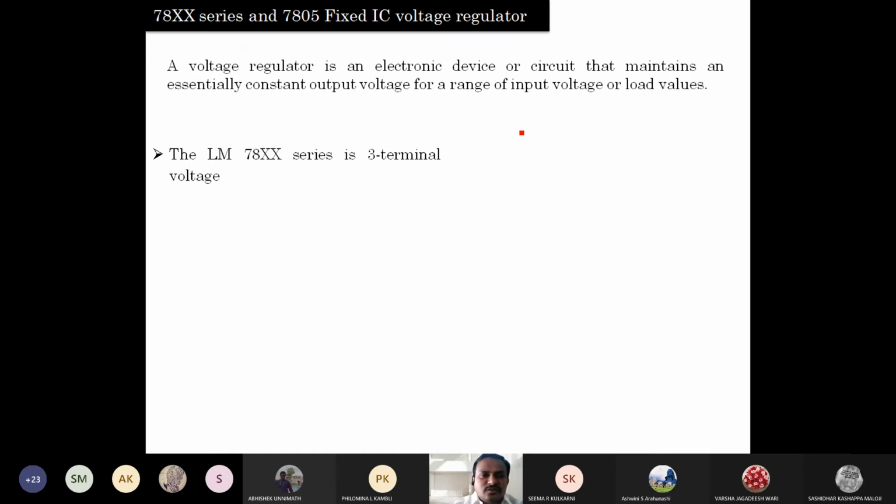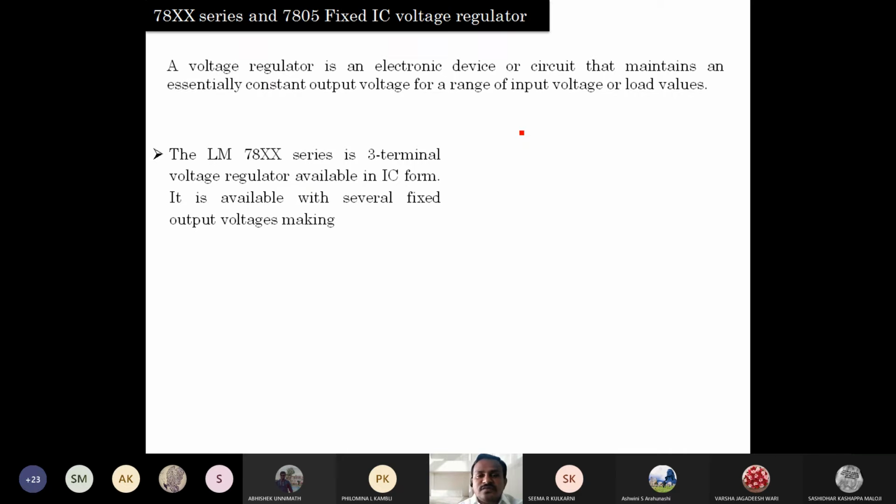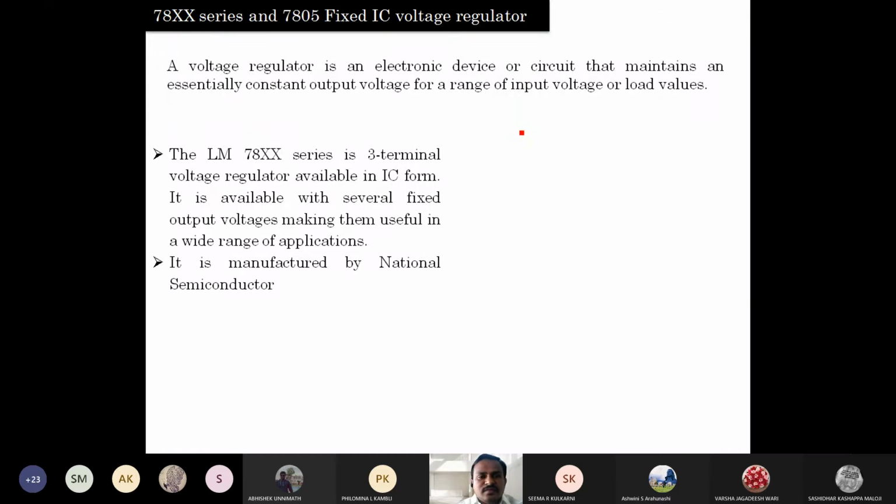The most commonly used is the IC voltage regulator, which comes under ICs. These regulators are in the form of integrated circuits. The most famous IC regulator is the LM 78XX series. It is a 3-terminal voltage regulator available in IC form.